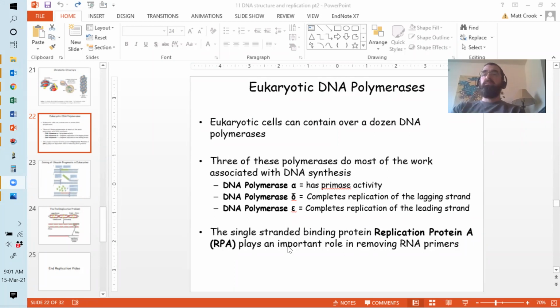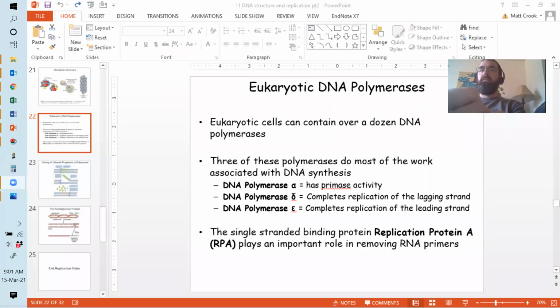Essentially, the key differences between procs and eucs, because I'm too lazy to write out prokaryotes and eukaryotes, are: one, eucs have chromatin.